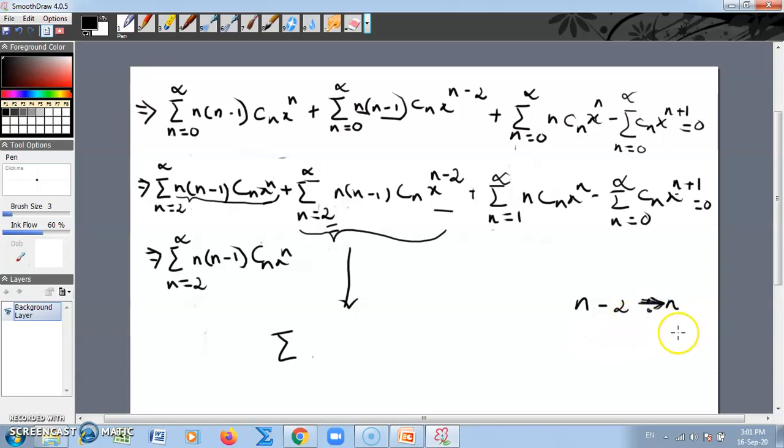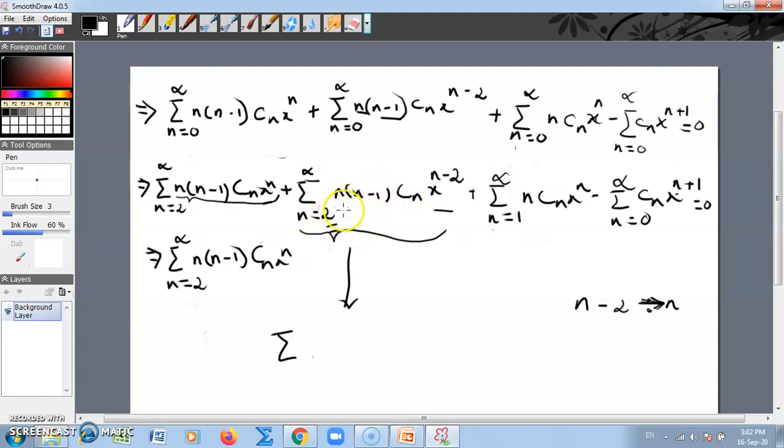So if it becomes 2, the term must remain the same. That means when I open it, we can look at the first term. What is it? n is going from 2, so the first term becomes 2 into 2 minus 1, that is 1.